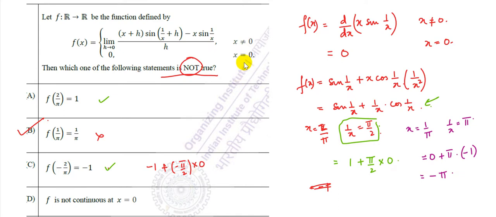Now at x equal to 0, the value of f(x) is 0, and if I take the limit of the expression of f(x) tending towards 0, this would be sine of 1 by 0 plus 1 by 0 cos of 1 by 0.